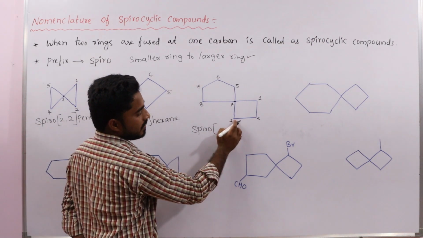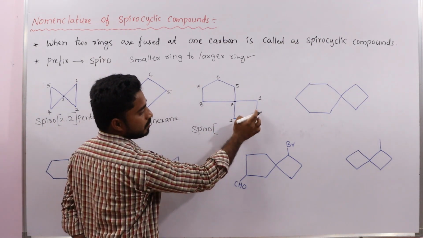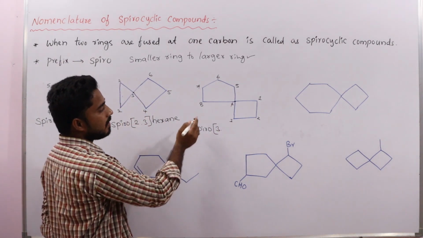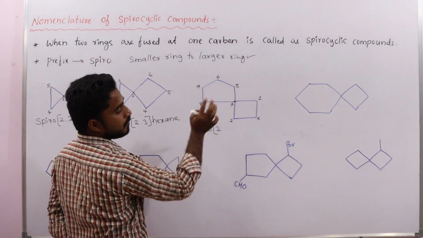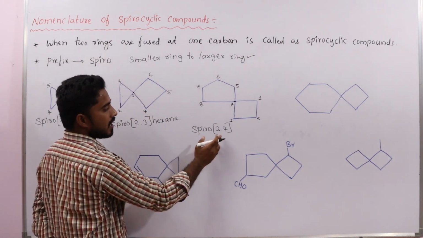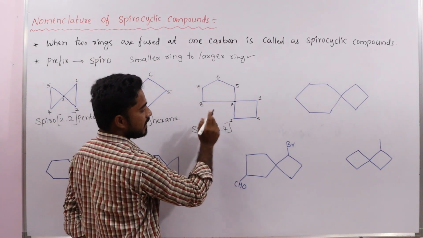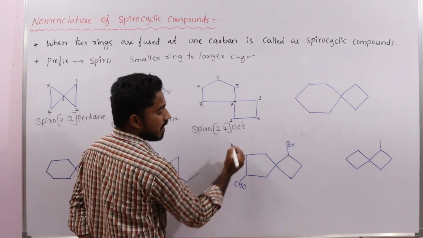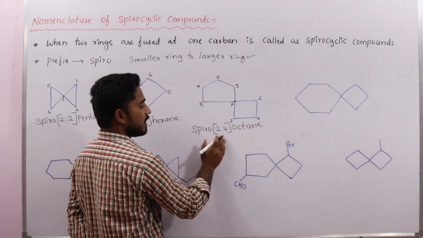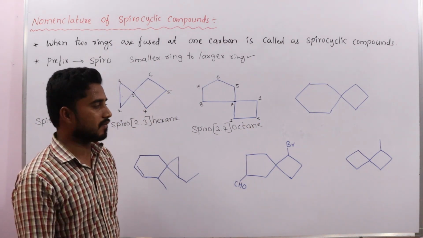Here the smaller ring has 3 carbons, 1, 2, 3, so 3 dot. Then 1, 2, 3, 4, 4 carbons, ascending order. So 3.4, total number of carbons 8, that's why root word oct, saturated, that's why ane: spiro[3.4]octane.